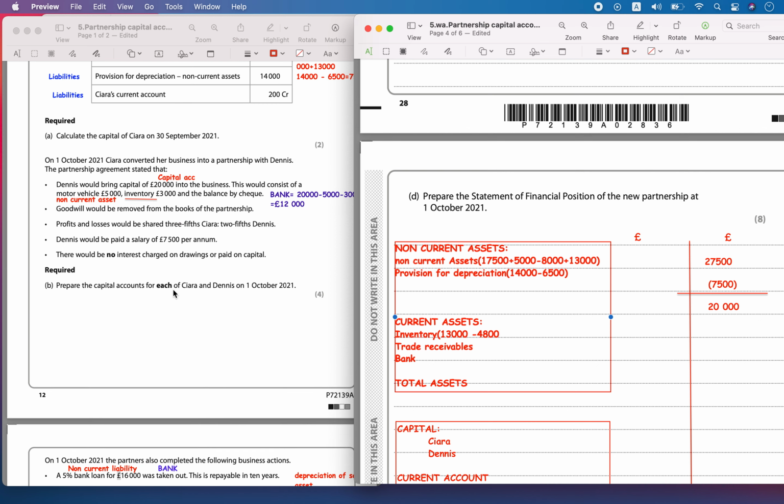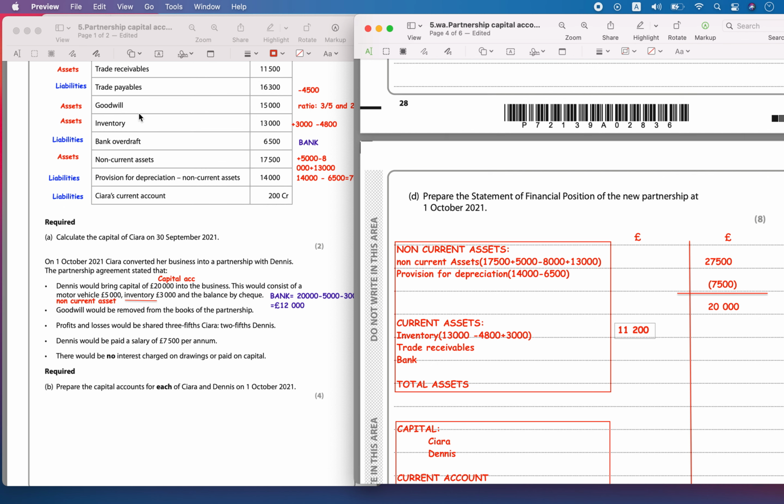Was there any other inventory thing that was done? Dennis also brought in some inventory worth 3,000. So this has to be included. When you add up all this, you will get 11,200. So 13,000 plus 3,000 minus 4,800.